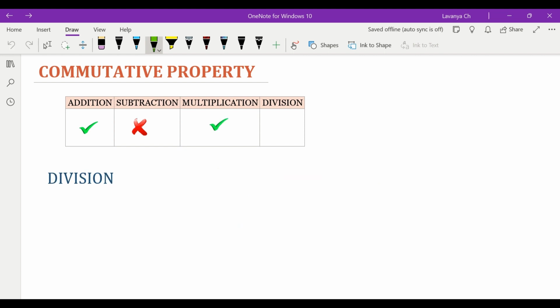Now division. Consider any two values. I'm taking the same values. Now we have to divide these two integers. When we divide, both are of different signs, so negative 3 is the answer. Swap the positions. Negative 12 divided by 36.